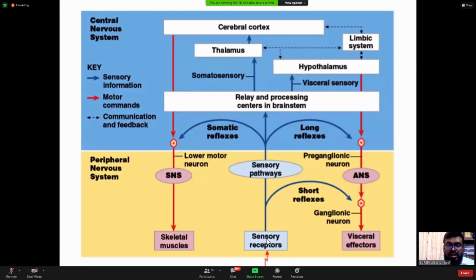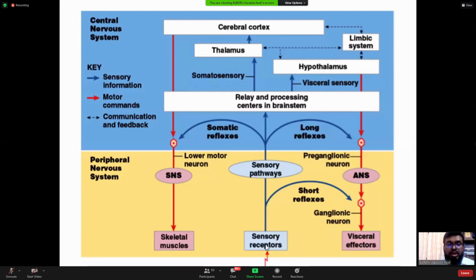So this is the stimulus has entered, and if it is a somatic sensory stimulus, it goes to the thalamus, and from there it goes to the cerebral cortex. But if it is an autonomic stimulus, instead of going to the thalamus, it goes to the hypothalamus, then it gives input to the limbic system, to the thalamus and the cerebral cortex, and eventually the order comes down.